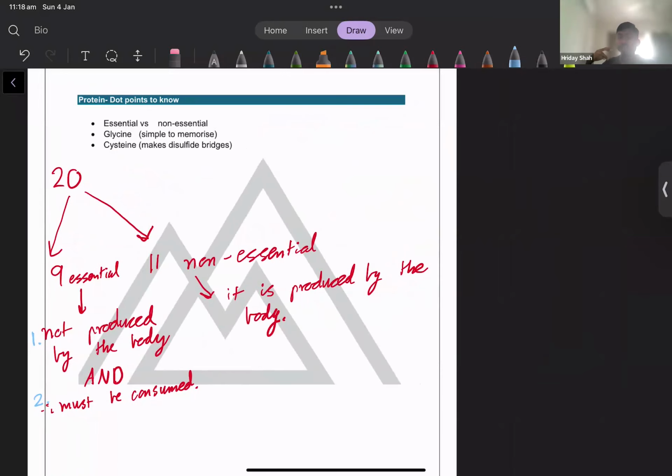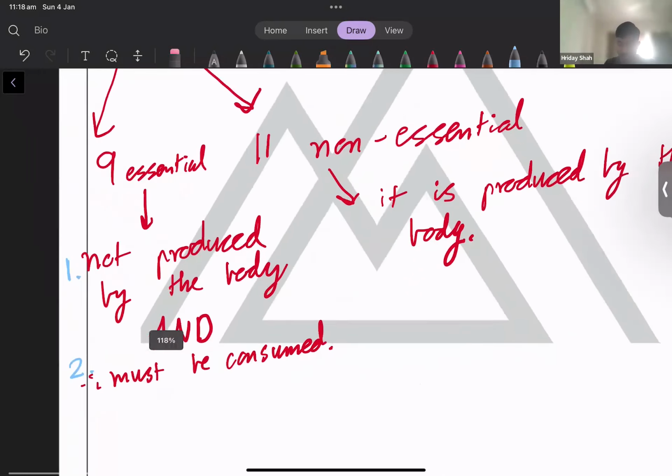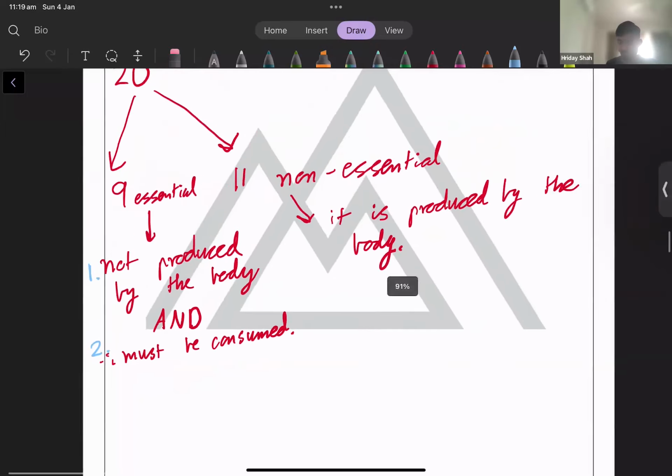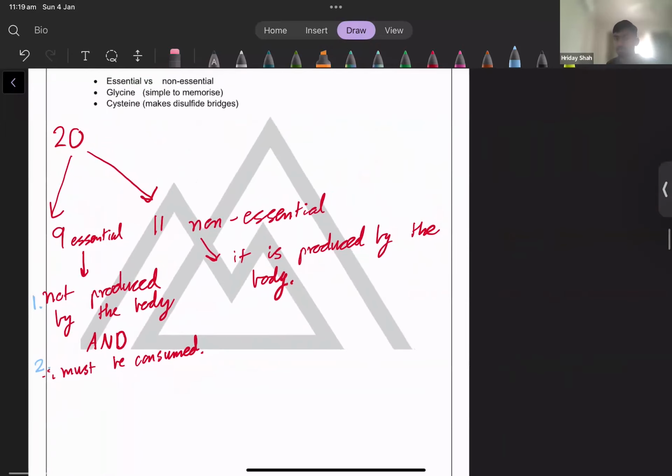However, when you are defining essential amino acids, it's a 2 mark question because you need to raise both of these points. Firstly, that it is not produced by the body, and therefore you must get it via your diet or consume it to acquire that amino acid. Whereas non-essential is just produced by the body, so you will get it automatically. It's not necessary to get from the diet. You might get more from the diet, but your body can supply it.